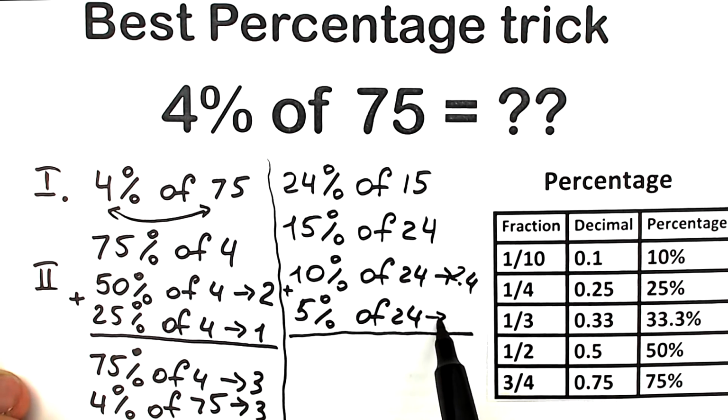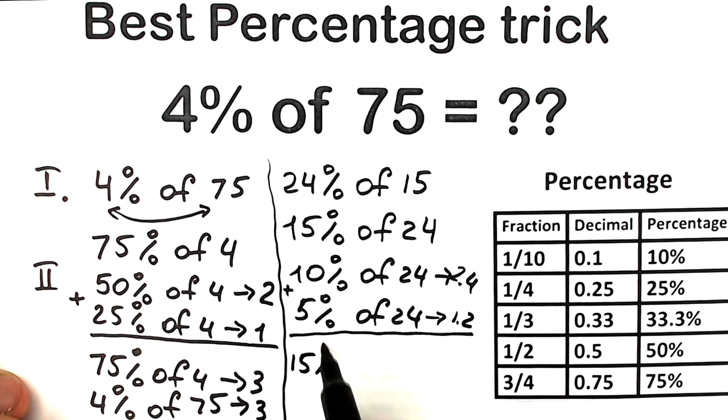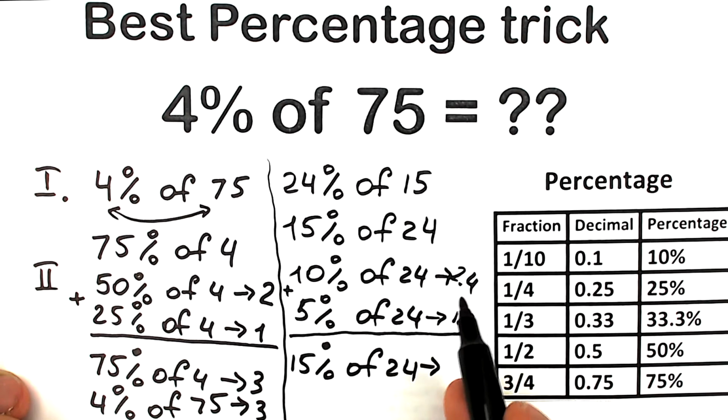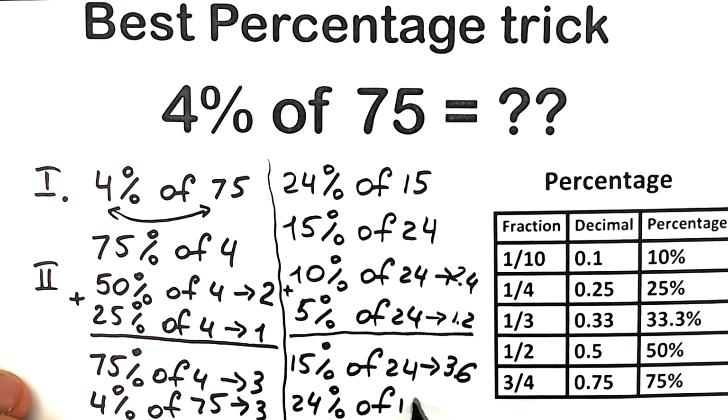And 5%, I don't have this table case right here, but it looks like a 20th part, okay? So we divide it by 20, so we have 1.2. So our 15% of 24 gives us, when we add, 3.6. And of course, this is the same as 24% of 15, which gives us 3.6 as well.